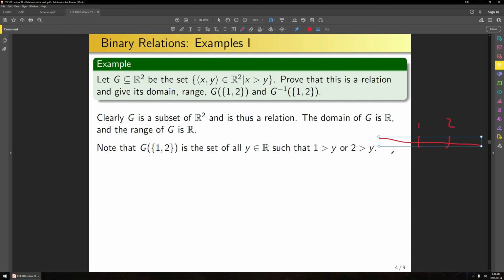We want all the y's that are less than 1, or all the y's that are less than 2. It's an or, so we want one condition or the other to be met. If I put these two conditions together, this will give me all the y's that are less than 2. Okay, so that's my set there.